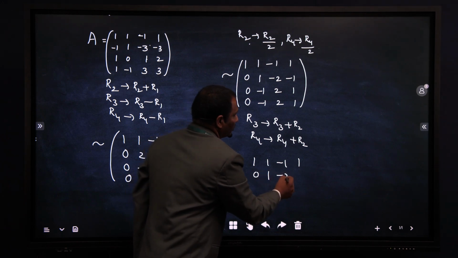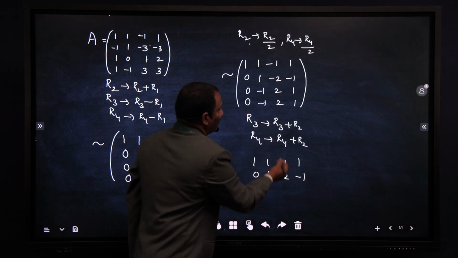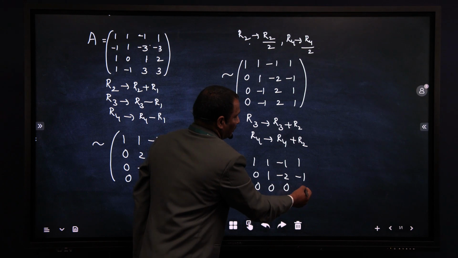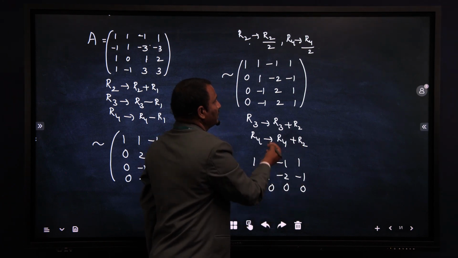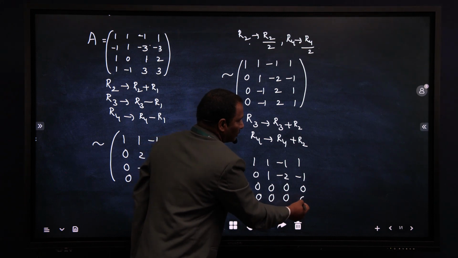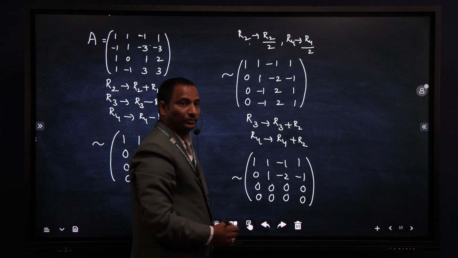Then 0, 1, minus 2, minus 1. Then R3 plus R2 gives 0, 0, 0, 0. R4 plus R2 gives 0, 0, 0, 0. The matrix is equivalent to this.